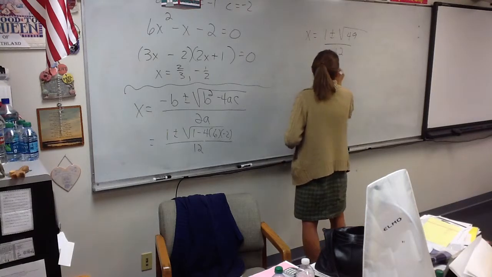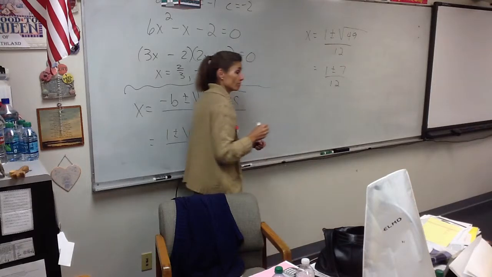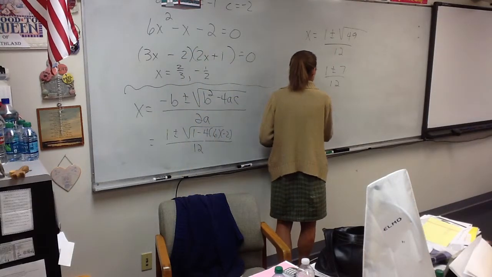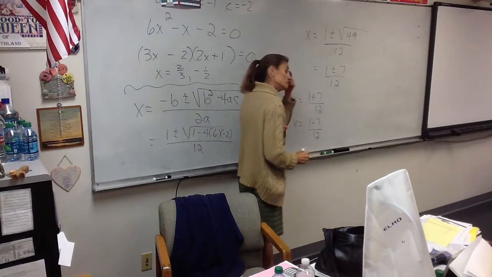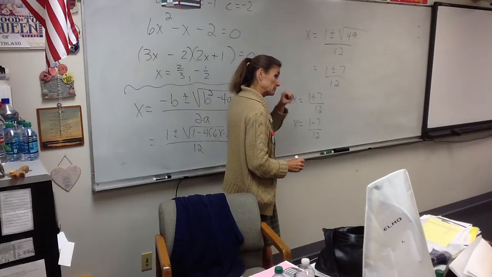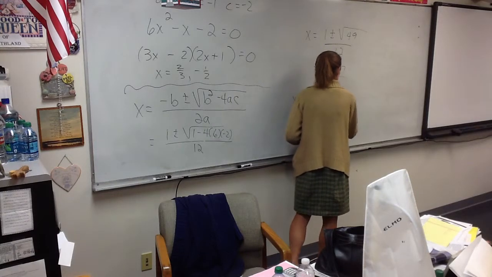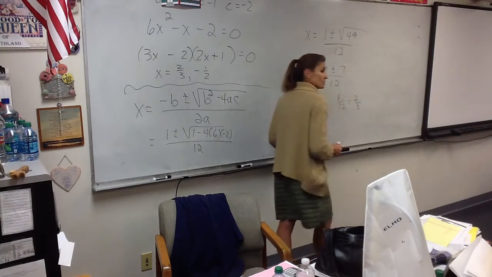Wait, isn't it 1 minus though? Oh wait, never mind. So I have 1 plus 7 over 12 and 1 minus 7 over 12. What's 1 plus 7? And if I take a 4 out of both of those, I'm left with 2/3.